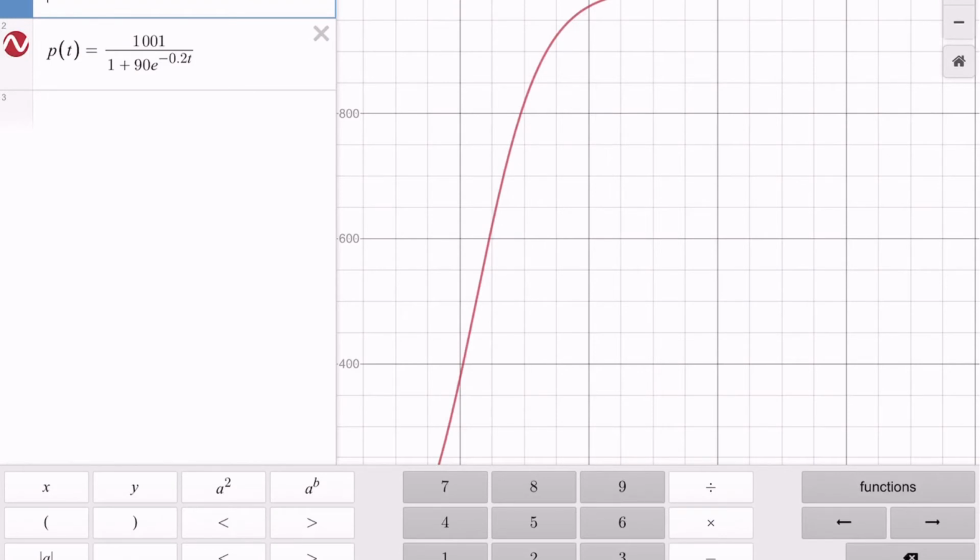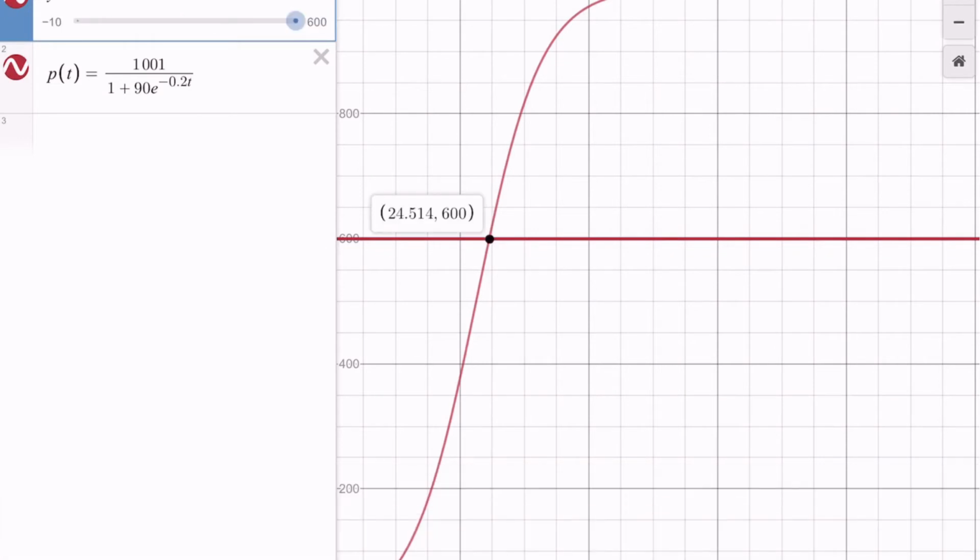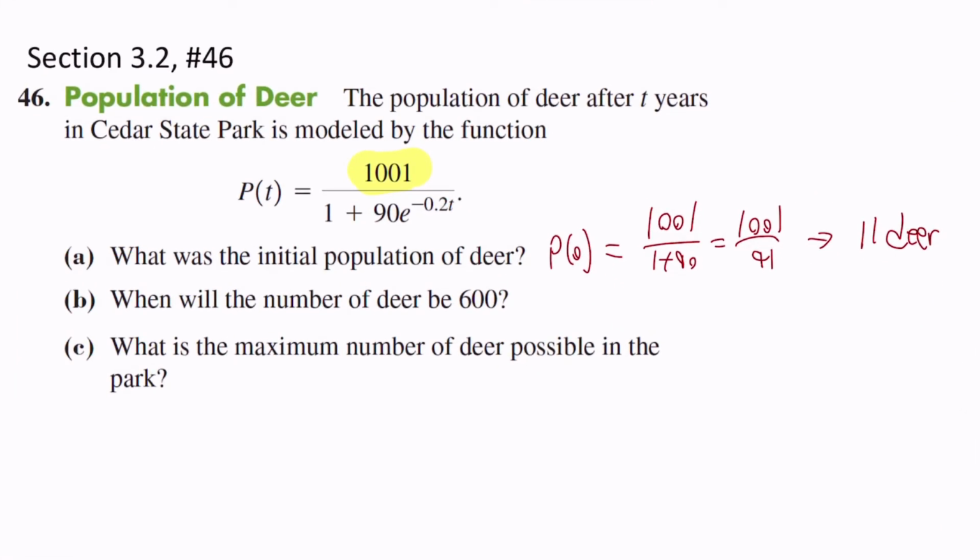Okay, so we want to graph y equals 600. So you can see here that after 24.5 years, you should have 600 deer. So T equals 24.5 years.